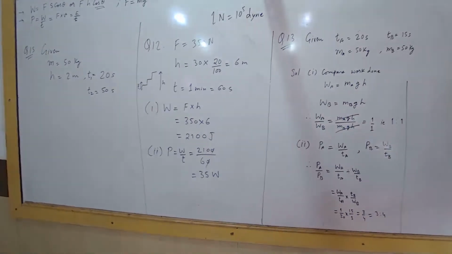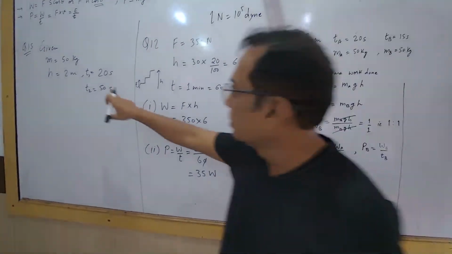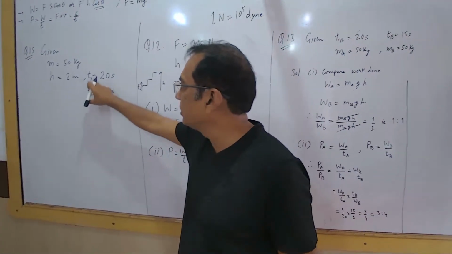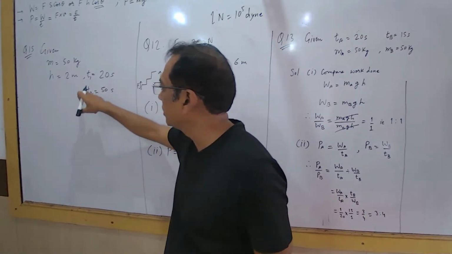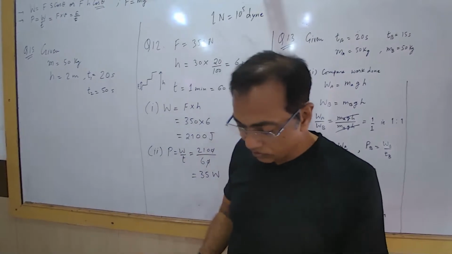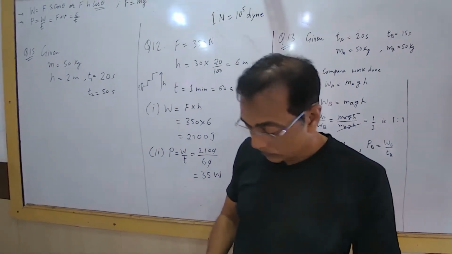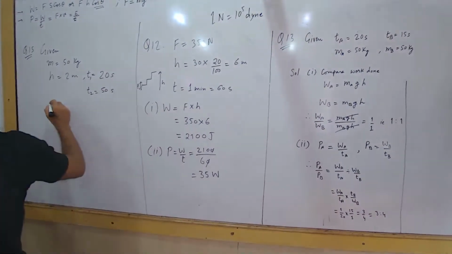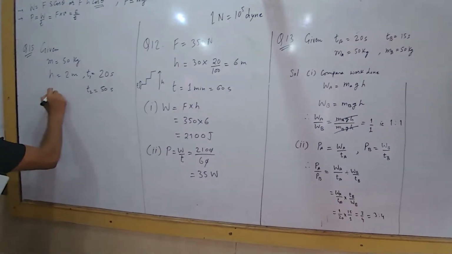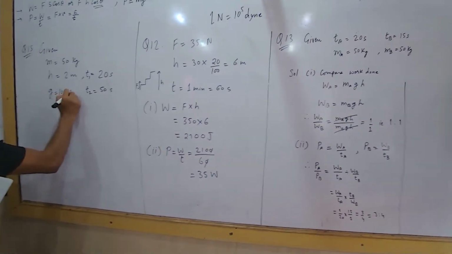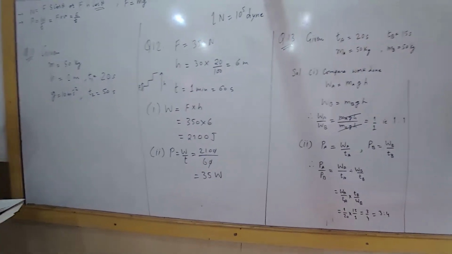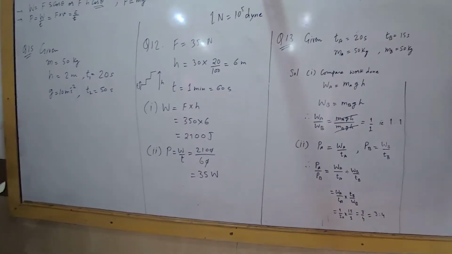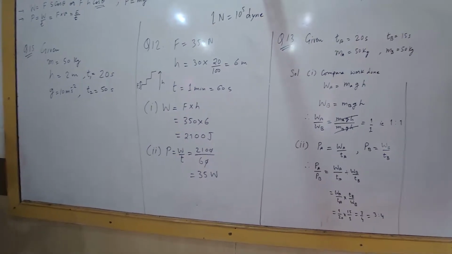The two men are differentiated by 1 and 2. The difference is only in the time. And g you have to take is 10 meter per second squared. So this is given, right? Compare the work done and the power.